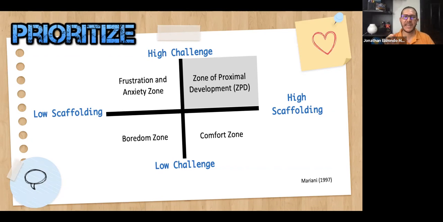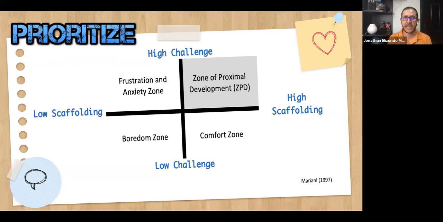If my activity is low scaffolding and low challenge, and we do it, for example, synchronously, my students might get bored. So at all times, when I prioritize, the activity needs to have a high challenge, but I need to provide high scaffolding. How do I provide high scaffolding if I am not there?